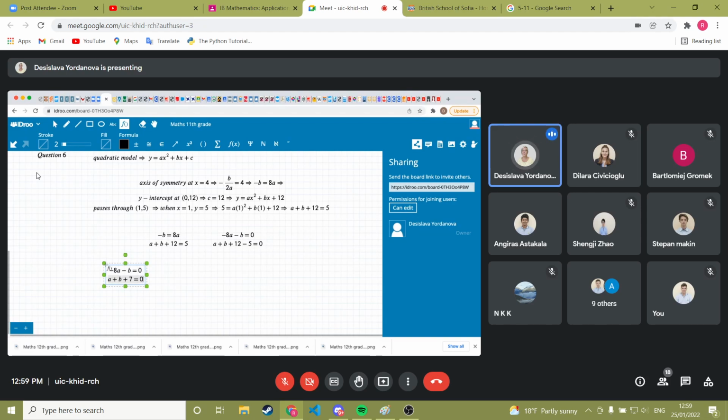And then you use your calculator with linear equations with two variables. It can solve only linear, so you work it out with two equations. The coefficients for the first one will be minus 8 and minus 1 and 0. The coefficients for the second one will be positive 1, 1, and positive 7.